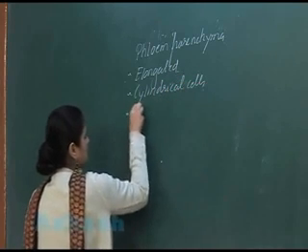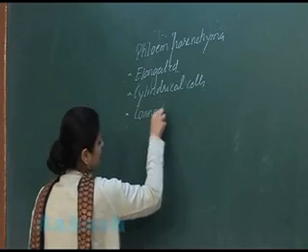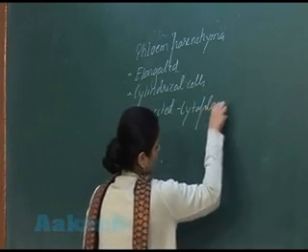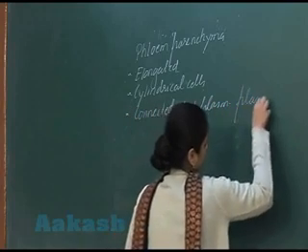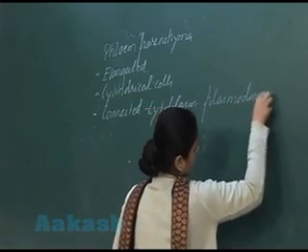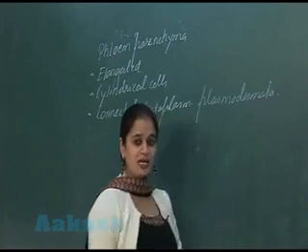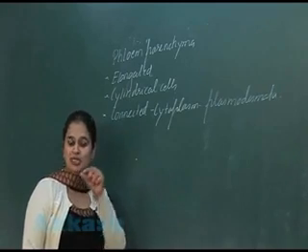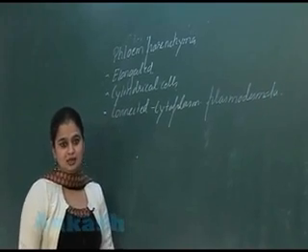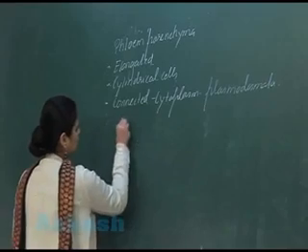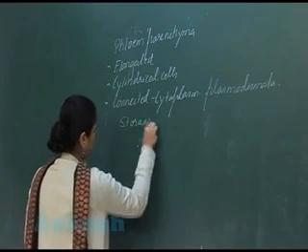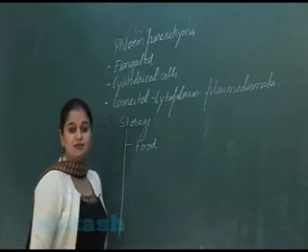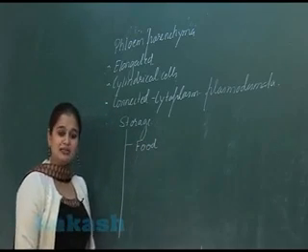The cytoplasm of the cells is connected with the help of plasmodesmata, that is a pore between the two plant cells. Now these cells are involved in the storage. Function is storage of food, like the one we have studied in the xylem parenchyma.